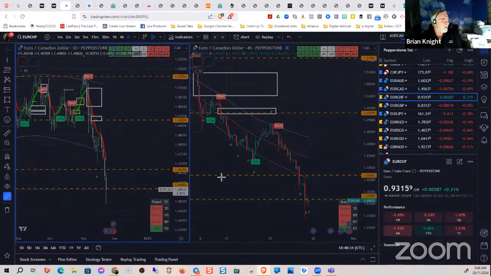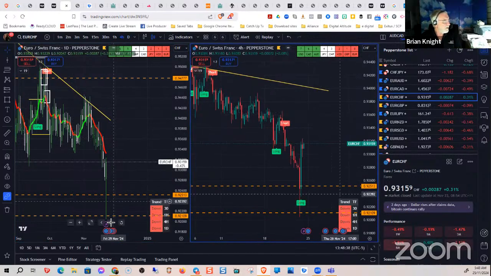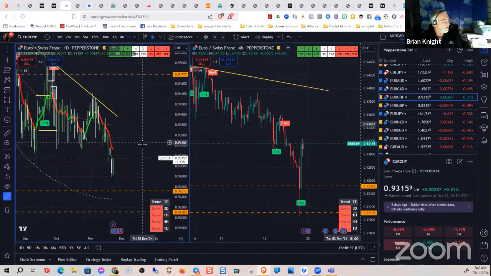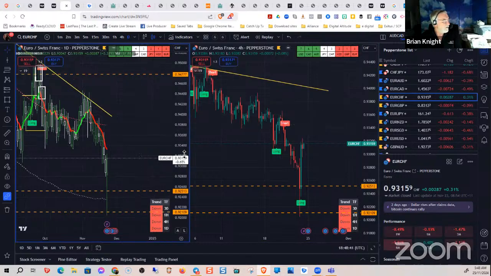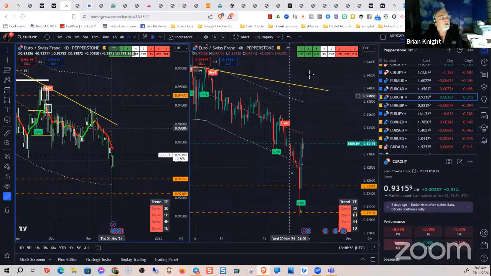Euro CHF. Let's pull back up again, the euro, because that's Swiss franc. Something's going on there, which got you out of that CAD CHF, which is good. I don't know whether the news on the Swiss franc was about whether they changed anything.